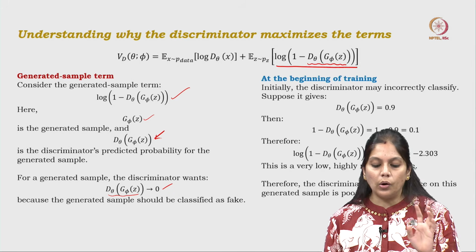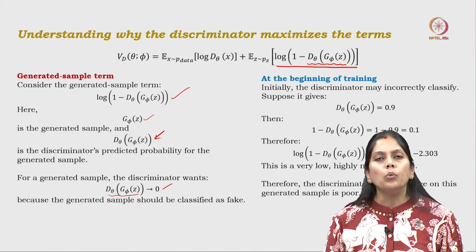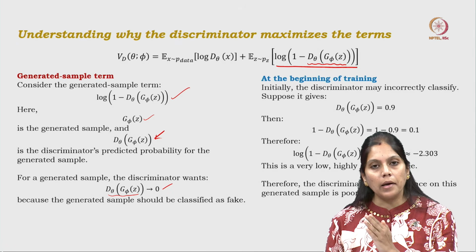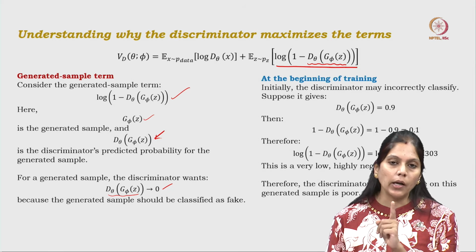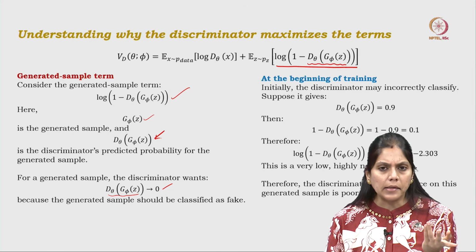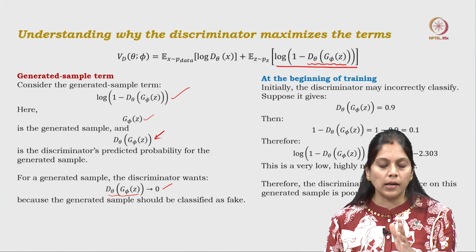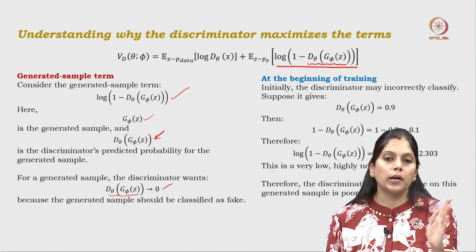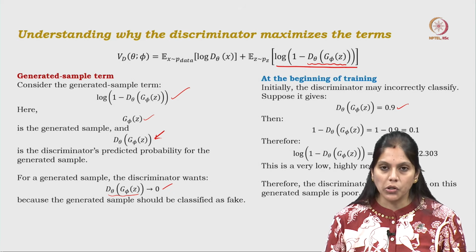Initially it may incorrectly classify. When you pass a generated sample, ideally it should give a probability closer to 0, but not necessarily. Because weights are randomly assigned, let us assume that for a generated sample, the discriminator has given the value 0.9.